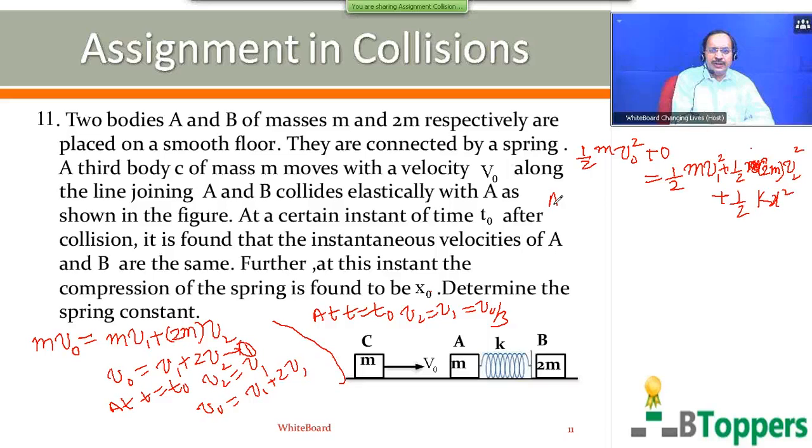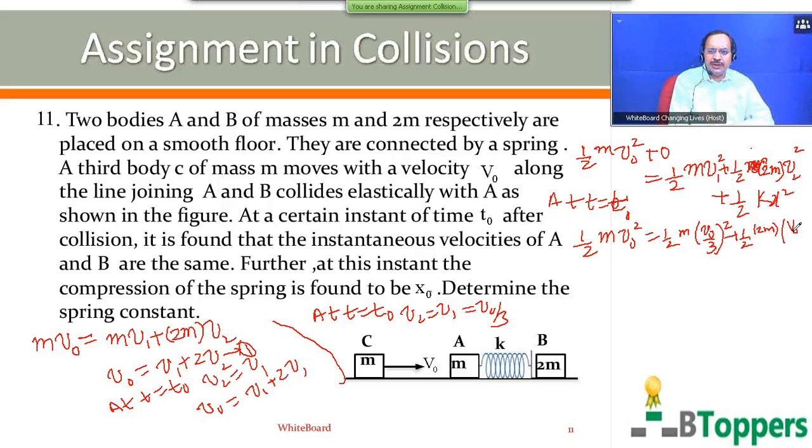So at the instant t equal to t0, V2 and V1 become equal, each equal to V0 by 3, and x equal to x0. So substituting these values here, you can write on the left side half m V0 square, on the right side V1 can be written as V0 by 3, and half 2m into V2 square.